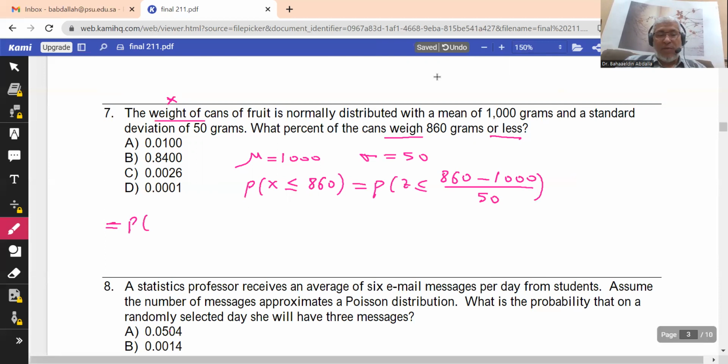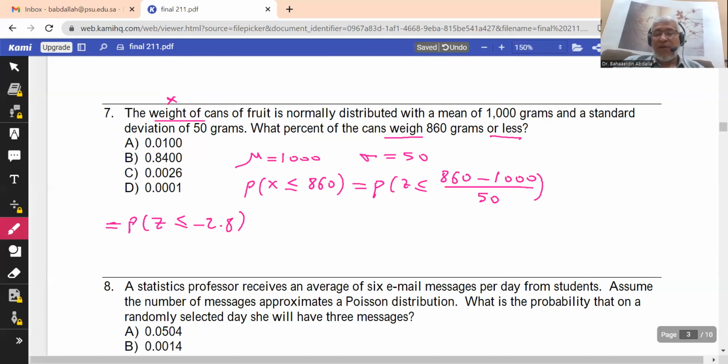And this will be the probability of z less than or equal to (860 minus 1000) divided by 50, and the answer is negative 2.8. So you need to find the probability of z less than negative 2.8.